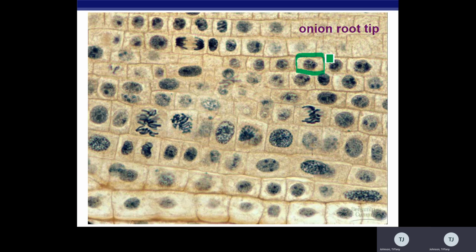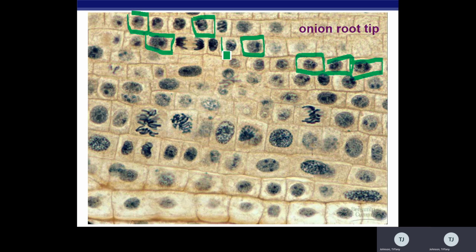Okay. Also notice that the majority of these cells are in interphase. What did I tell you about interphase? The cell spends most of its time in what? Interphase. What percentage of time is spent in interphase? 90%.